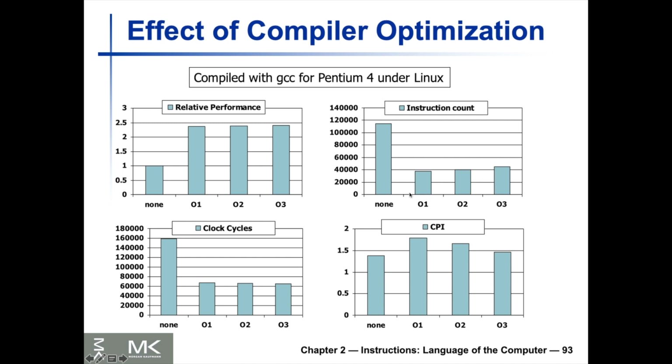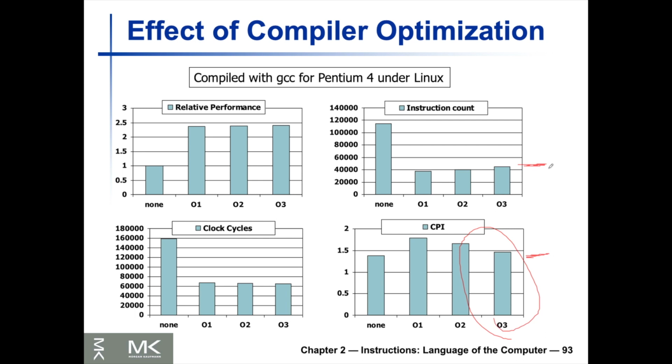And these are the results, because normally by using a more radical optimization such as O3 or O2, your performance will increase. But sometimes your code size will also increase. And that's why, coming back to the notion of performance evaluation in the first chapter, CPI and instruction count normally is not a good tool to understand the performance.